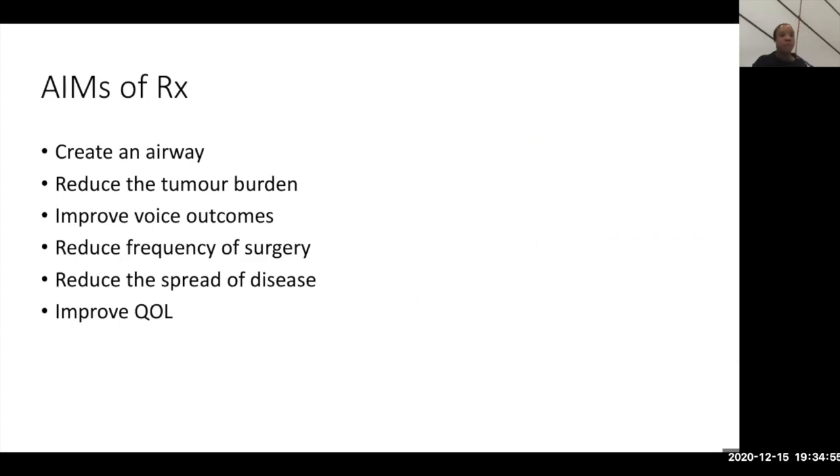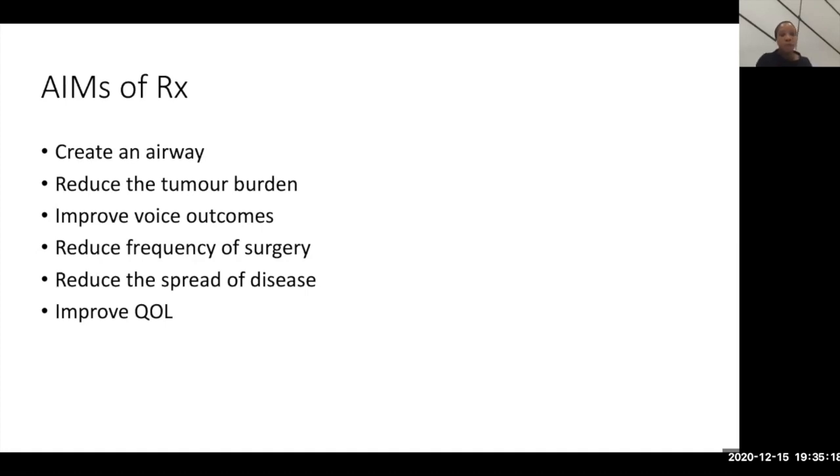The aims of treatment are particularly to create an airway and to reduce the tumor burden. And therefore, it's important that when you counsel a patient and you consent, the principles of consent around RRP in adults are to do with empowering the patient and managing expectations.